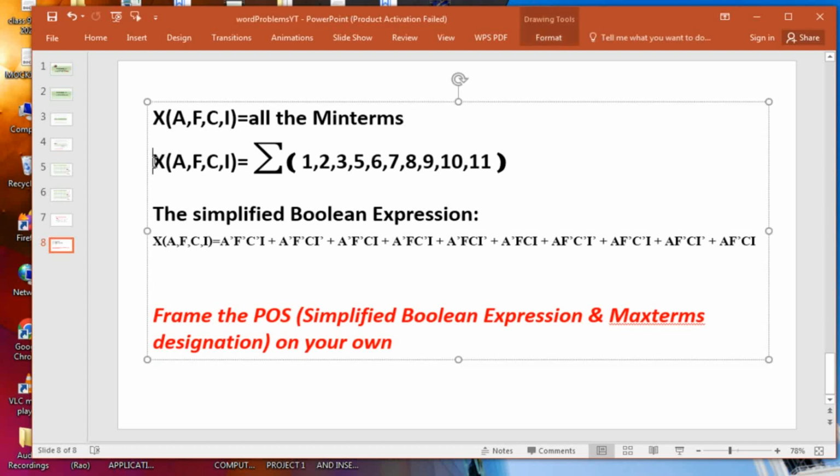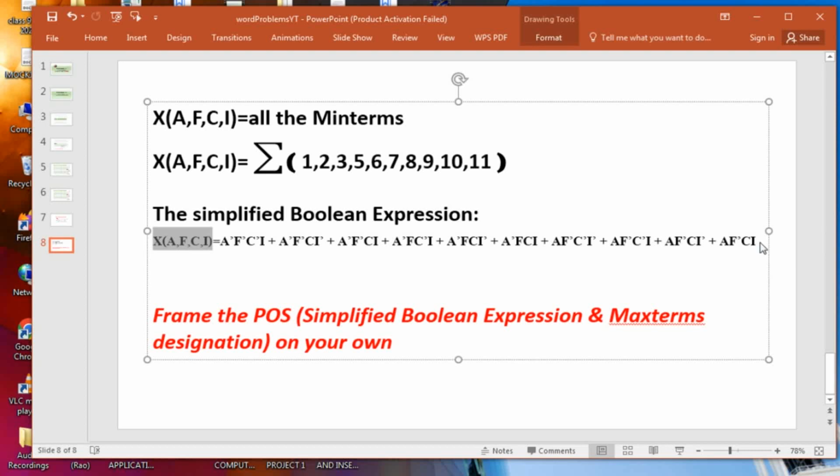So this is actually my min terms, okay, with sigma symbol, and this is function, because in the question it has what function. Boolean simplified expression would be this.